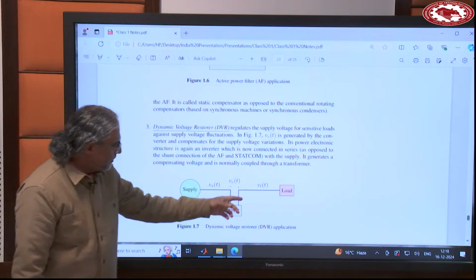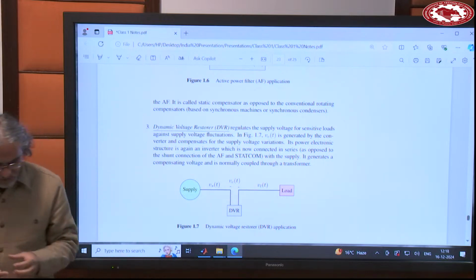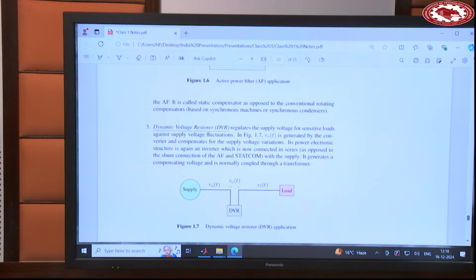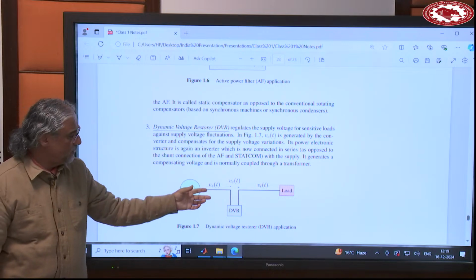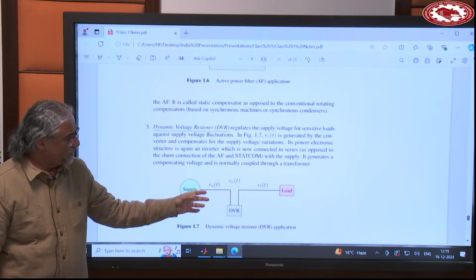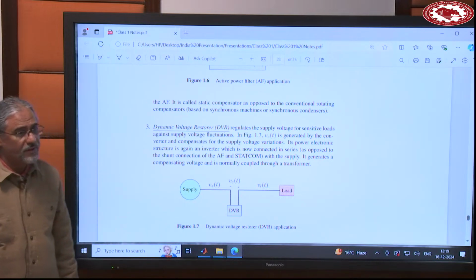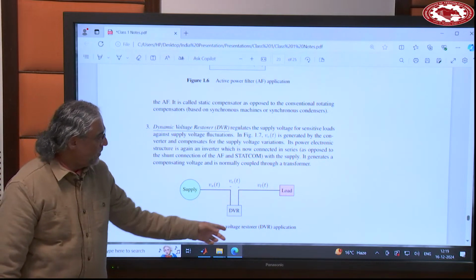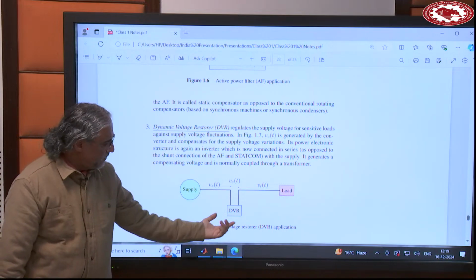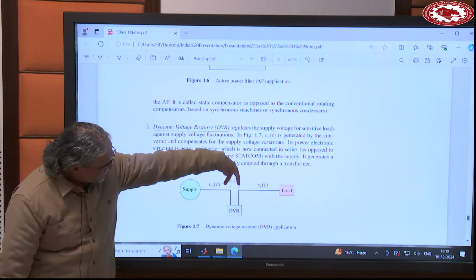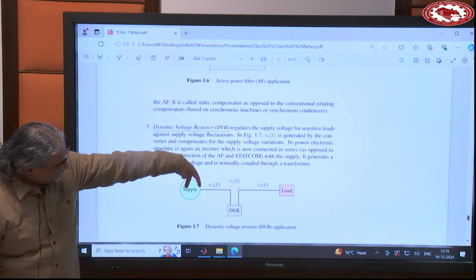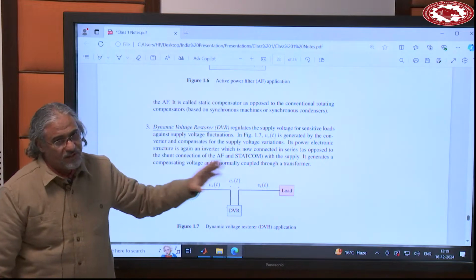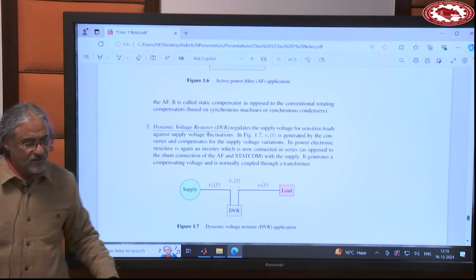So you want to make sure that the voltage that this load receives is very reliable and very smooth, and the fluctuations of this voltage, or even short temporary outages, will not go to the load. So what this DVR, dynamic voltage restorer, does is make sure that there is always a voltage generated at the output here, such that this voltage plus this voltage, which is the voltage across the load, is always reliable and secure.